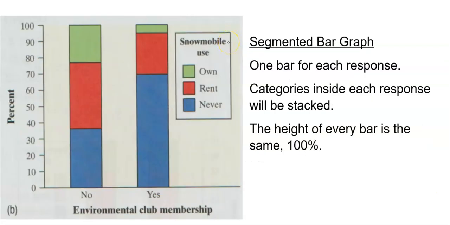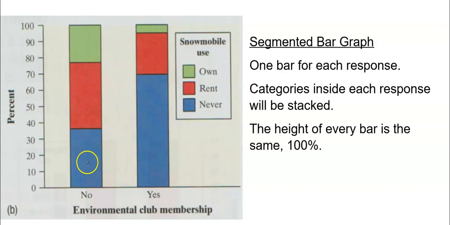A segmented bar graph. Now it's one bar for each response. This entire bar was a no. This entire bar was a yes to the question, are you in an environmental club? So categories inside each one are stacked instead of side by side. The height of every bar is the same, adding up to 100%, but you can see the different categories have different heights.